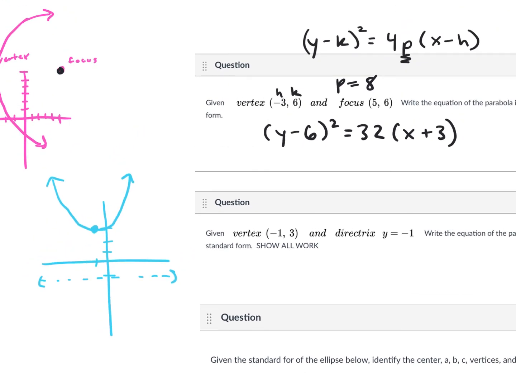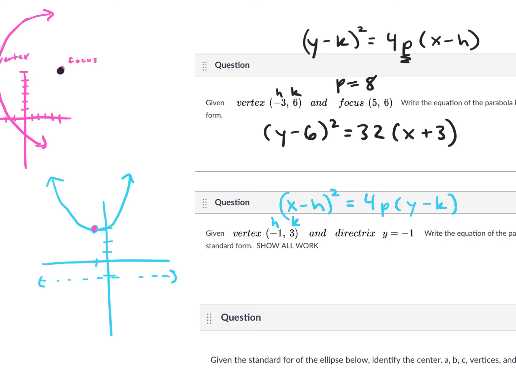Our standard form of our parabola is x minus h squared. Now the x is squared because it opens up or down, and it's equal to 4p times y minus k. Do we have our H and K? The vertex, so H and K. And do we know what P is? P is 4, perfect.